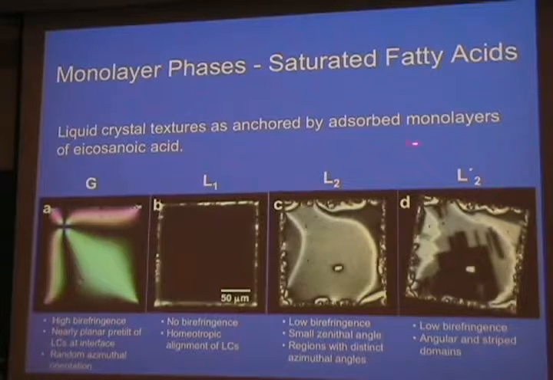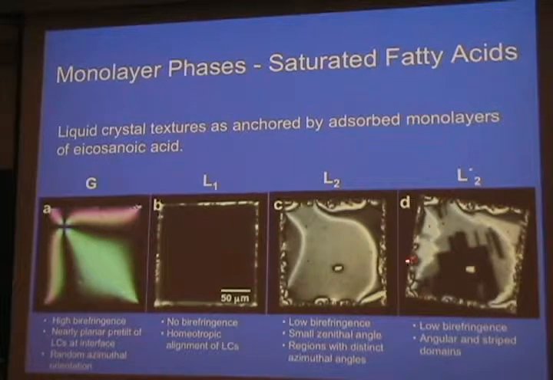But at even higher concentrations of the surfactant monolayer, we see phases where you see these birefringence colors that indicate just a small tilt away from homeotropic anchoring, but with large lateral domains that have different colors, which indicate different azimuthal directions of tilt. And so these are characteristic textures of 2 different tilted hexatic mesophases at the interface, and how they change the anchoring of the liquid crystal.